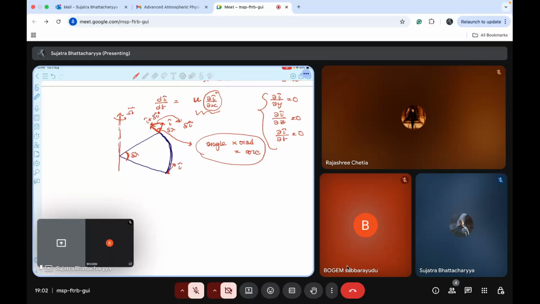This is a valid expression: arc is equal to angle into radius. Same thing we will apply here. So the magnitude of this, which is 1, times delta lambda is this arc, delta I hat. So 1 times delta lambda. Great. This is one of the equations which we get. That means delta lambda is equal to delta I hat.